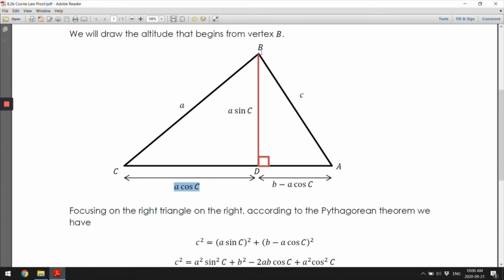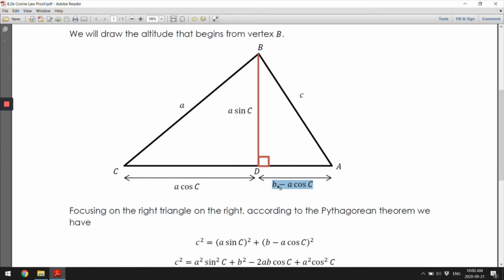Now, CA is B. And if CA is B and CD is A cos C, then we get DA is B minus A cos C. Once again, CA is B, CD is A cos C, so DA must be the difference.